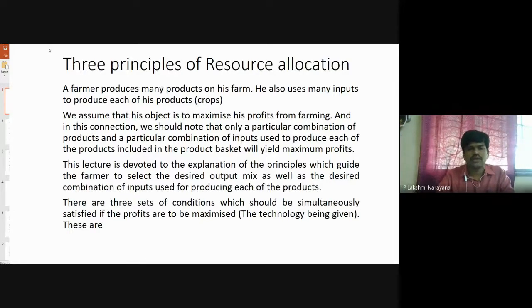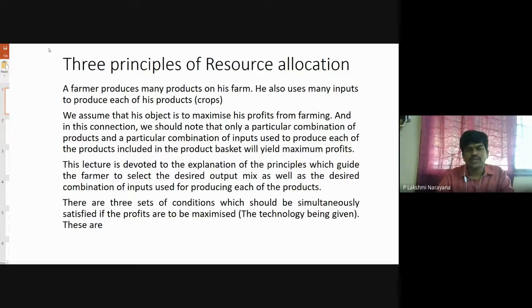Within hired and own labor, there can be male labor or female labor regarding gender issues. At the same time, some machinery is also required to produce agriculture products. There may be tractors, power tillers, or harvesters, and some other instruments of mechanization. Other inputs like fertilizers and pesticides are also needed.